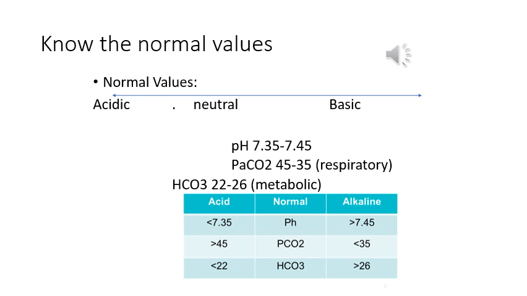That's why those numbers are inverted, to help you remember that a little bit easier. And then bicarb, acidic is less than 22 and basic is greater than 26, and for pH, less than 7.35 is acidic, and greater than 7.45 it would be alkaline.